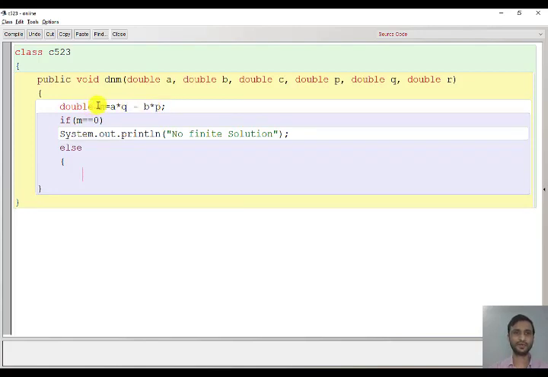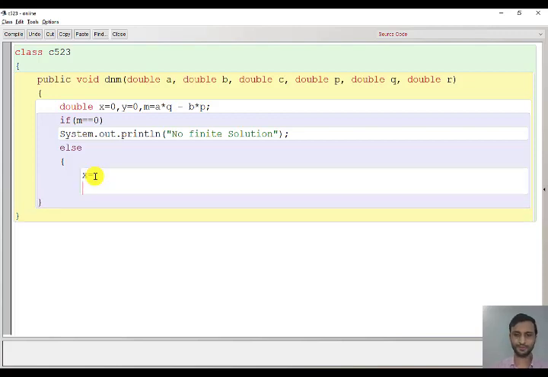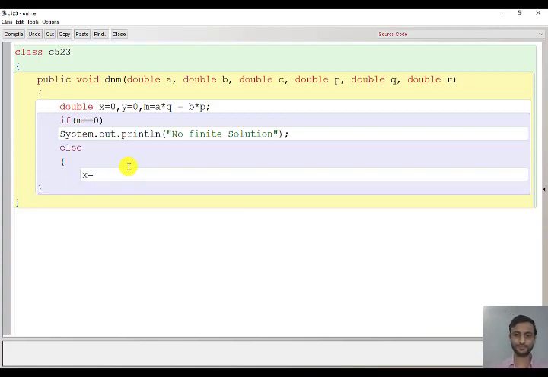That is, declare x and y also. So x is given by the formula C into Q minus B into R divided by m, that is AQ minus BP.